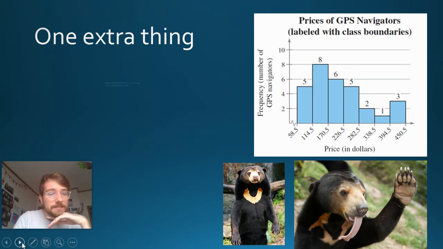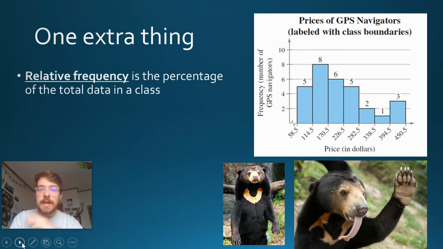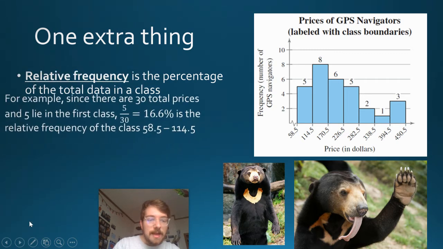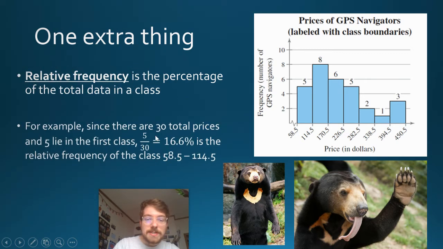I'm glad they do. So, one extra thing I want to talk about is relative frequency, which is the percentage of total data in each class, which is literally just calculating a percent. So, if I've got 30 total prices, which we do, 5 plus 8 plus 6 plus 5, and so on, we got 30 prices in total.